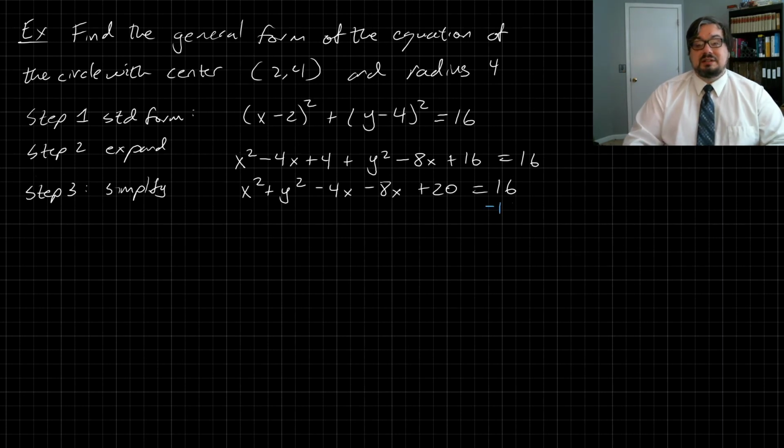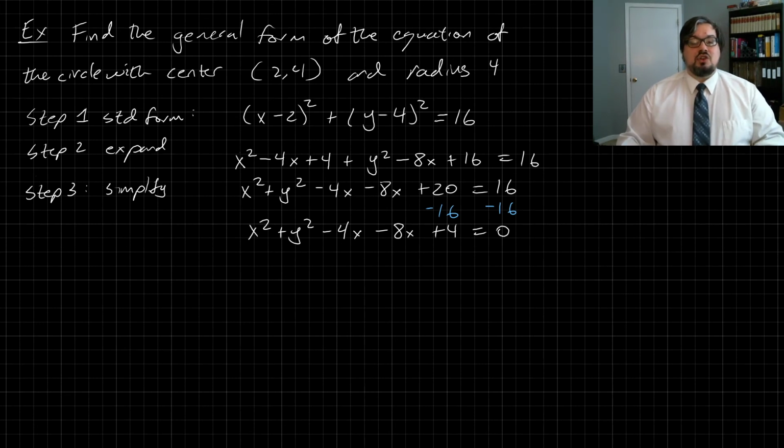And then we do need to subtract 16 from both sides, because the general form of the equation of a circle does require having a 0 on the right-hand side of the equation. So the equation of our circle in general form is x² + y² − 4x − 8y + 4 = 0. So that's how we go from a circle to having the general form of the equation of a circle.